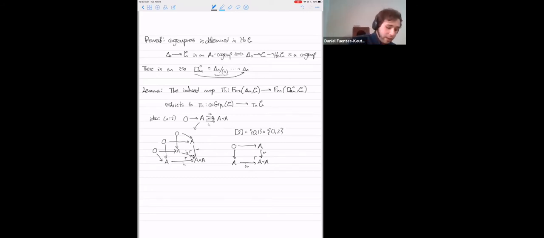The interesting thing is that you can actually go backwards. So in fact, the functor pi n, when we've restricted to cogroup objects and T_N of C, is actually an equivalence.